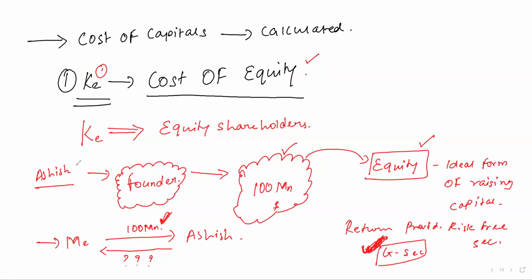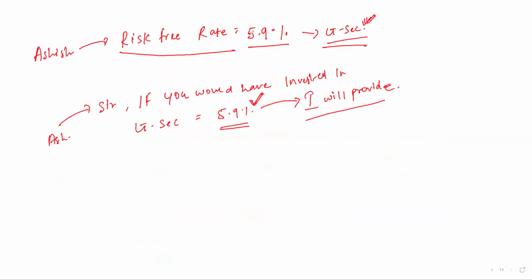So there is a founder who is named Ashish. Ashish wants to raise 100 million funds from the market. And to get that 100 million fund, I reached out to Ashish. I told him that I have 100 million funds to fund you, but what is the return that I can expect by investing in your company? Ashish told me that, sir, if you would have invested this 100 million funds in a risk-free asset like government securities, you would have generated 5.9% as returns.